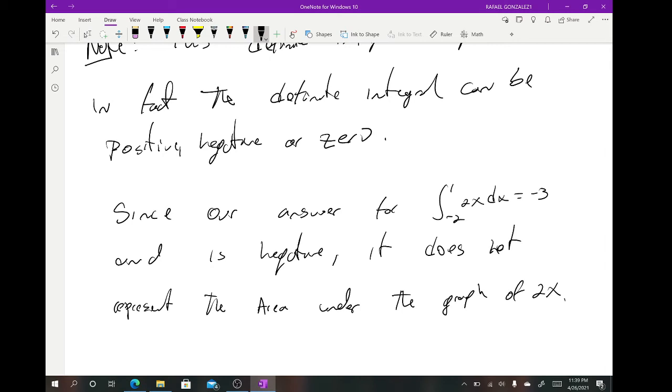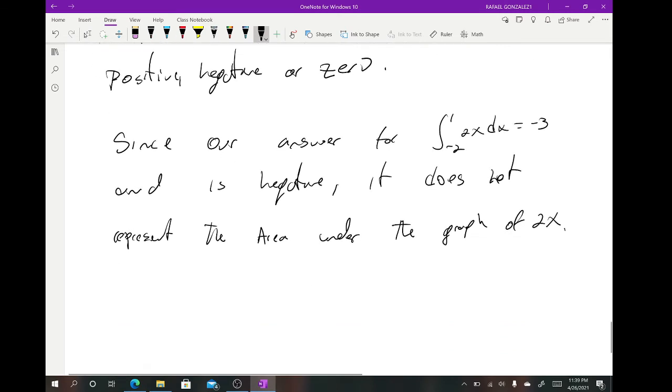So it turns out that for the definite integral to interpret area, it must be defined under a non-negative interval.